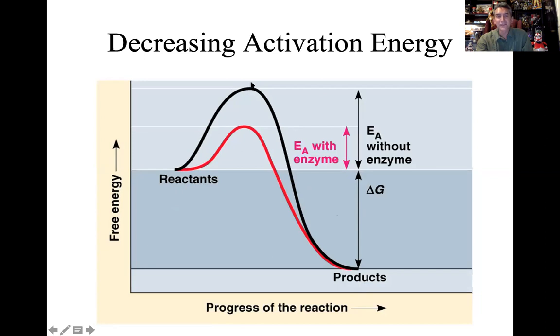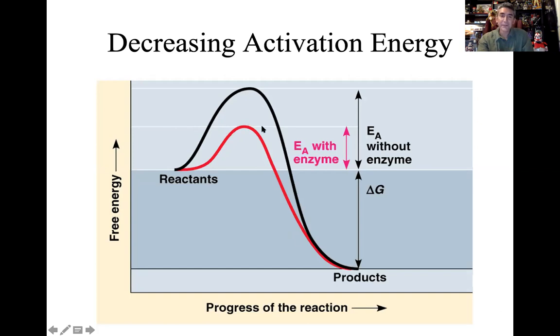Once that energy is achieved, then we can proceed down to the products. So we don't convert reactants into products until we've achieved that activation energy. If you notice the black curve, that little mountain is tall. The red curve, that little mountain is a little bit lower. So it's going to be a little bit faster to get there. And if we get there faster, we're going to get here faster.